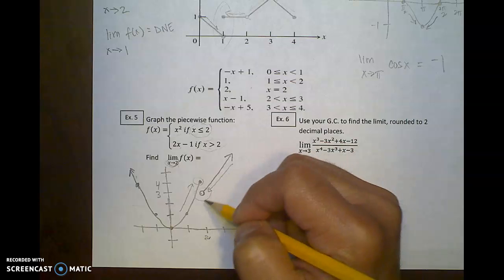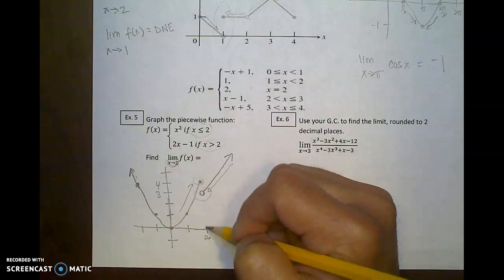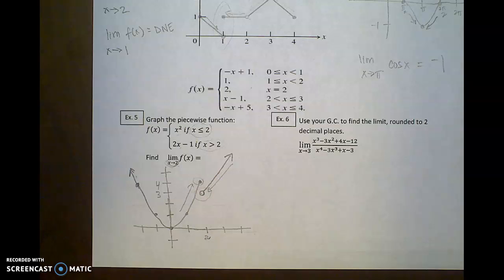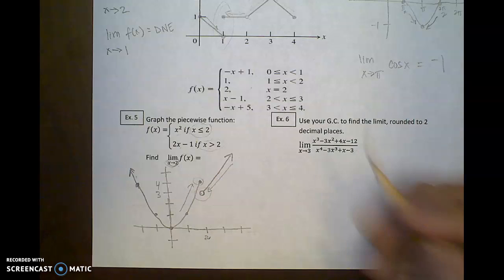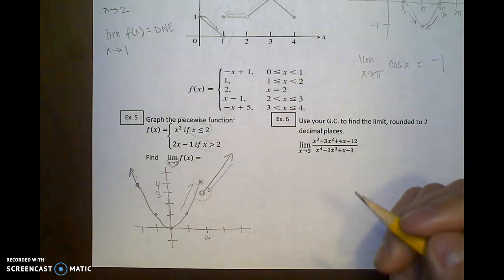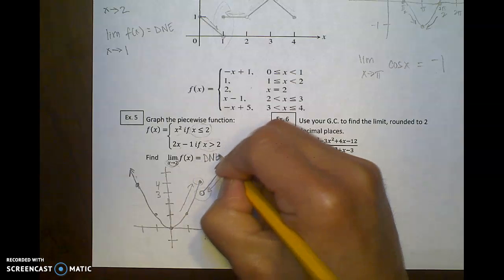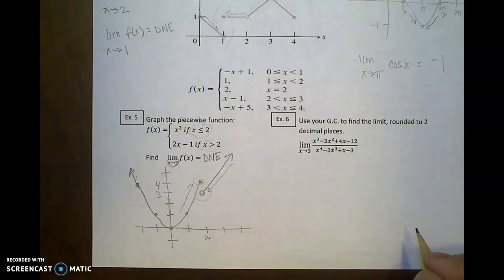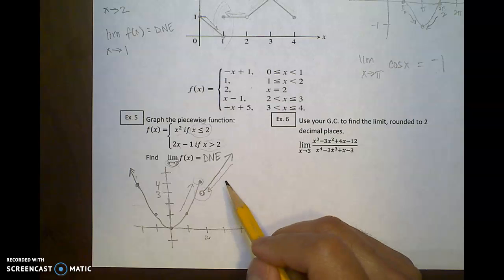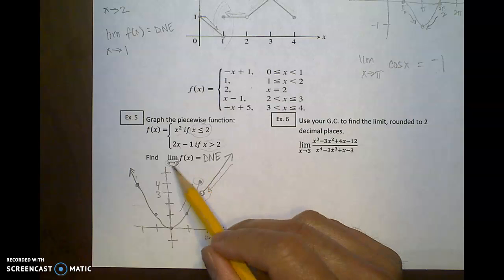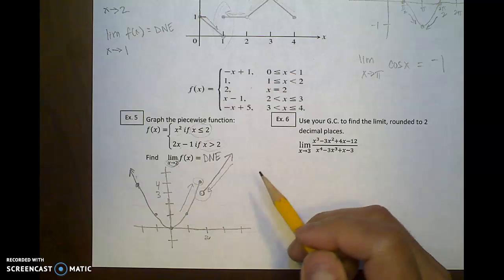As we approach from the right side to 2, we are approaching an output value of 3. So because those don't match, our limit for this function does not exist. Okay, so we do not have a limit that exists for this function as x approaches 2 specifically.